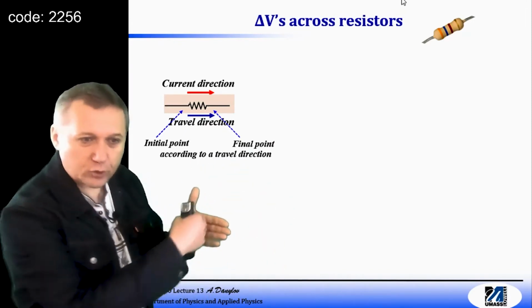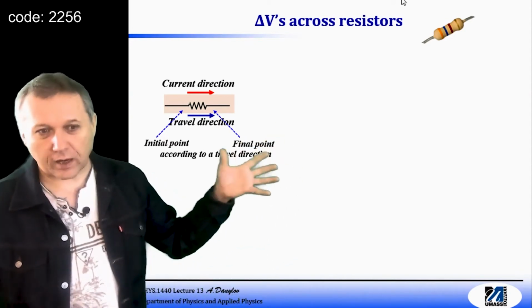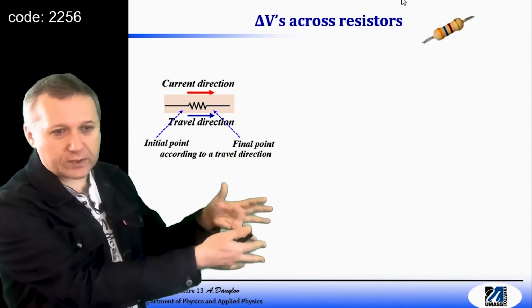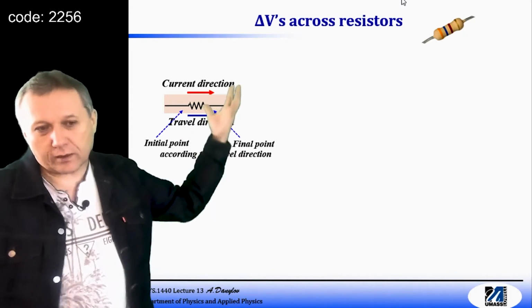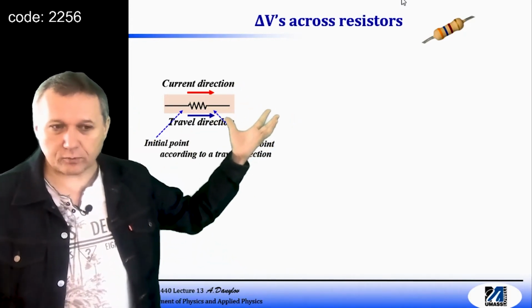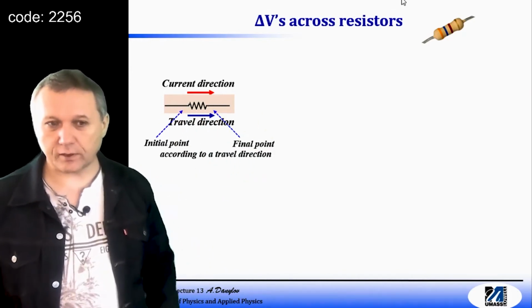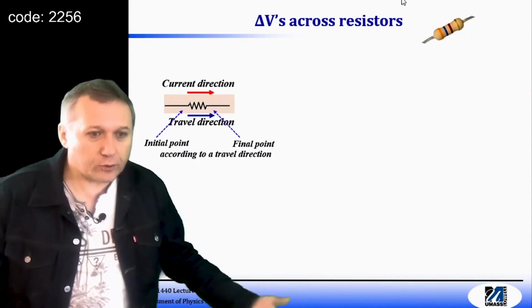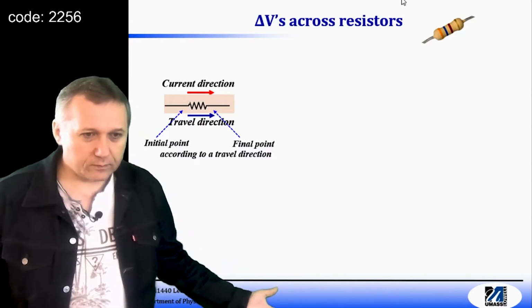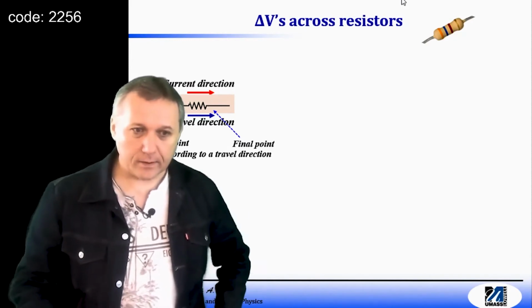But if your current happens to be negative, let's say minus 5 amps, I see the value of the current, 5 amps, and the minus just means that I'm bad at gambling, my assumption was wrong. So just make a statement: the actual direction of the current is in the opposite direction. But you solve the problem. Who cares if you're a good gambler or a bad gambler? You solve the problem.